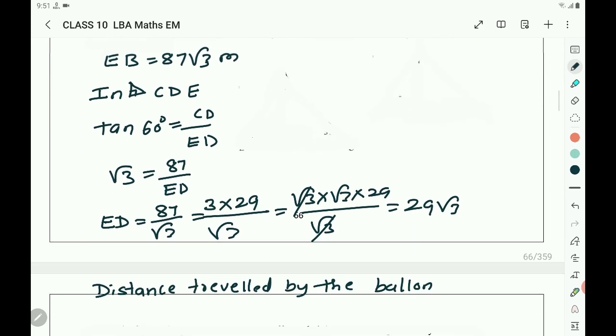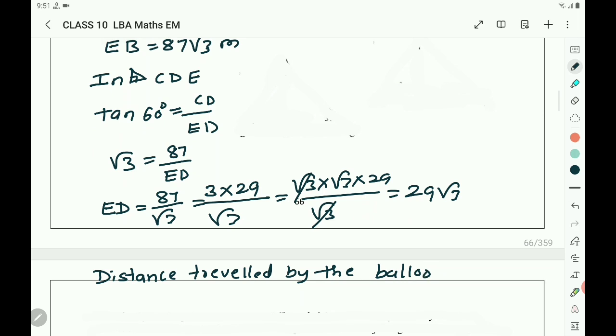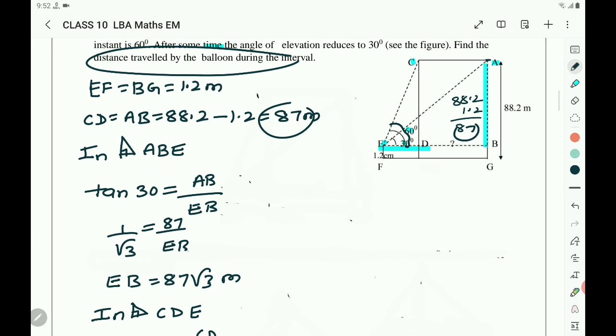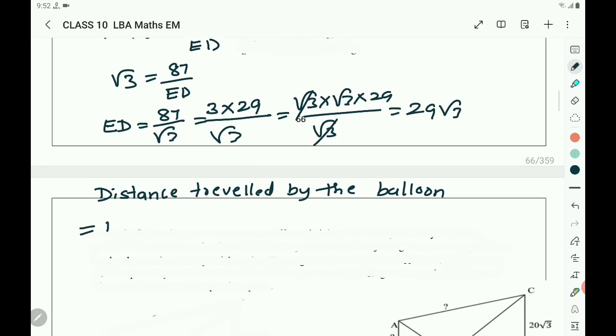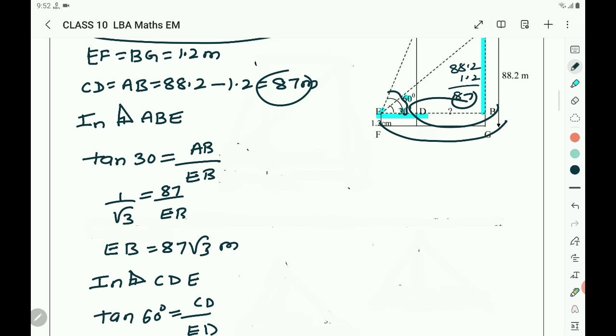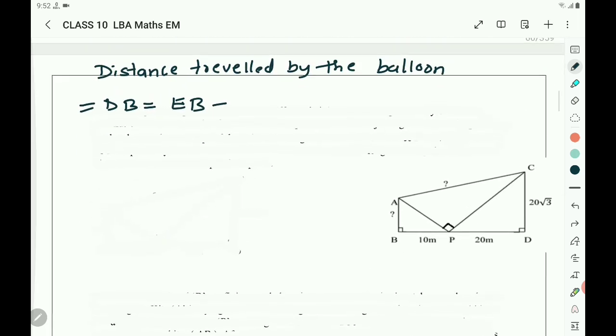Distance travelled by the balloon equals what minus what? Equals DB, which is equal to EB minus ED. From here to here minus here to here. EB minus ED.